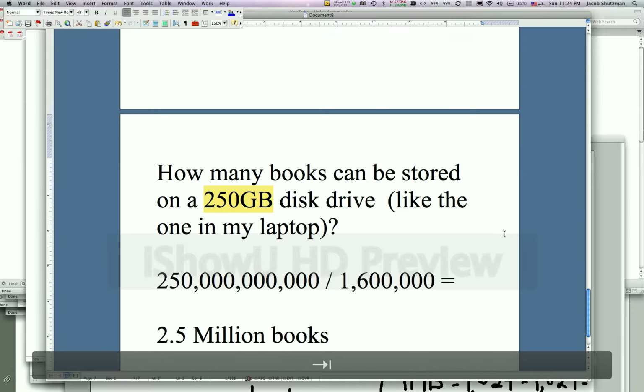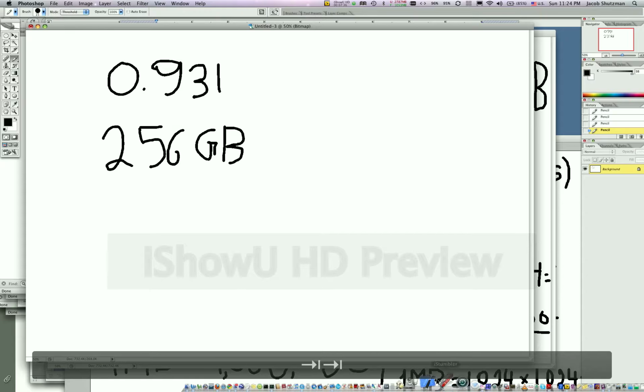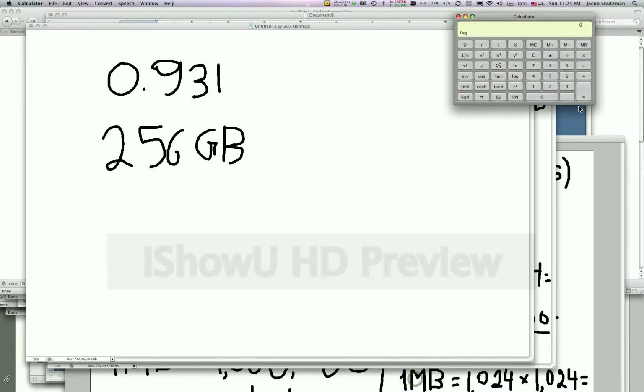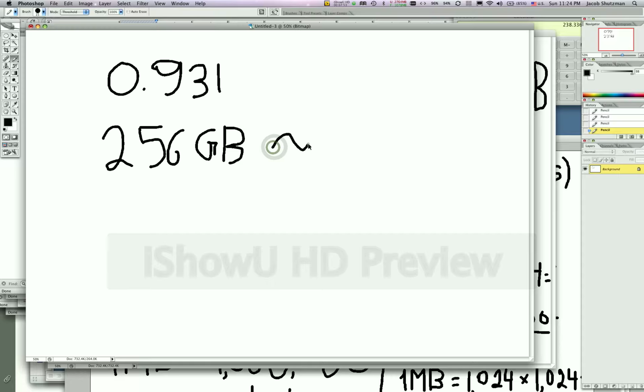If we calculate it, we'll have to multiply 256 times 0.931, and that will give approximately 238 gigabytes. That's what the operating system says that I have, and the computer maker says 256.